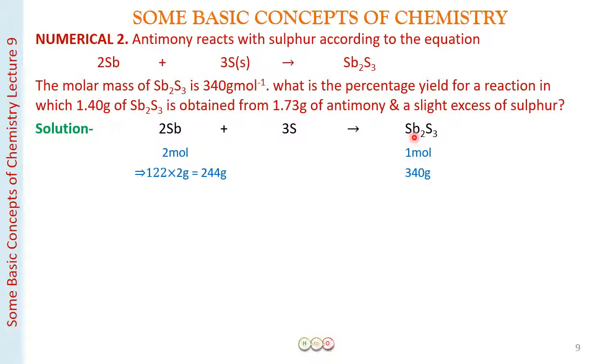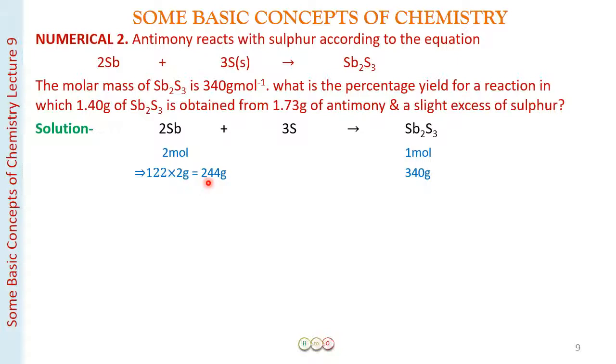Even if you do not know the atomic mass of antimony, you can calculate it from here because sulfur you already know. Fine. So that comes up to 122 grams. So multiply by 2. So you get 244 grams, right?